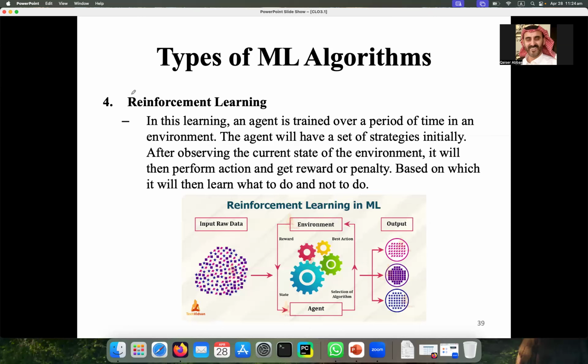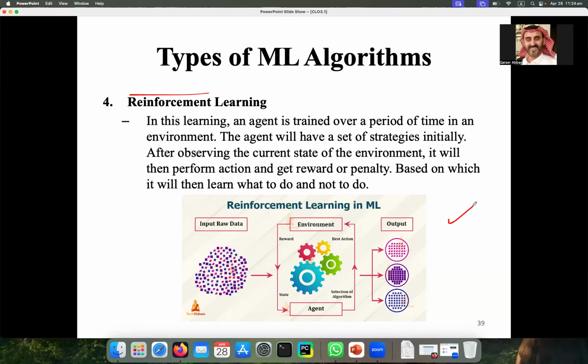Now, the fourth category of types of machine learning algorithm is reinforcement learning. What kind of model is this? The structure of the model is given here in this picture. The computer program that you will have, you will call it an agent.